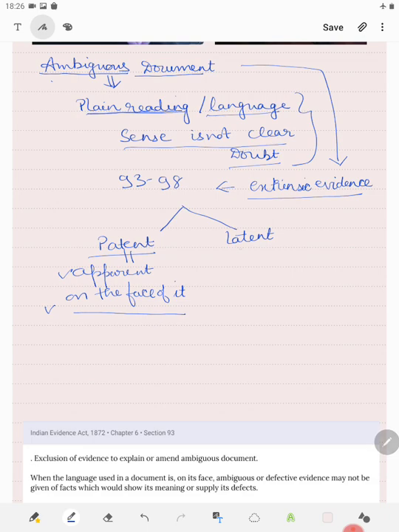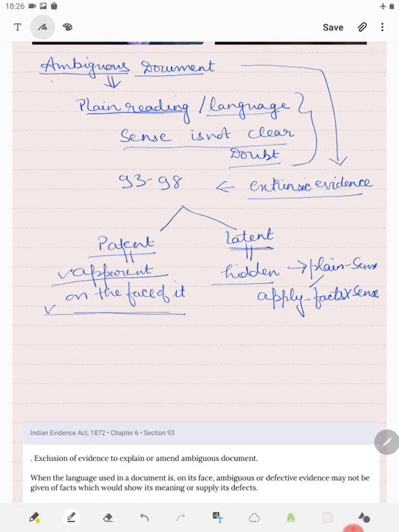But in latent case, the defect is hidden, that is, on plain reading it makes sense, but when we try to apply it to the facts, then it does not make any sense. Here, on the plain reading itself, it does not make any sense. While here on the plain reading, it makes sense, but when we apply it to the existing fact, it does not make sense.